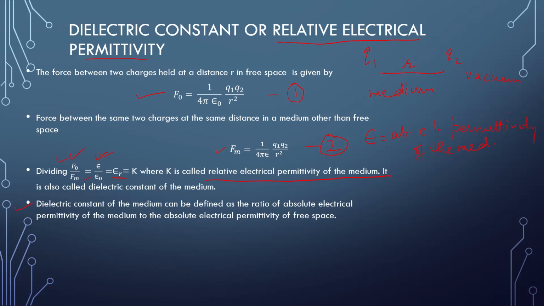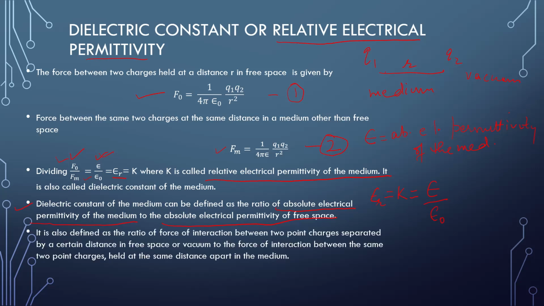The first definition is in terms of permittivities. The dielectric constant of the medium can be defined as the ratio of the absolute electrical permittivity of the medium to the absolute electrical permittivity of free space, because epsilon r, which is equal to k, is equal to epsilon upon epsilon naught.